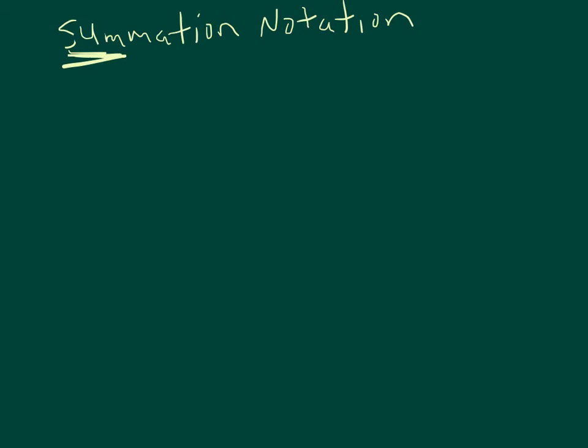The definition on your guided notes says the sum of the first n terms of a sequence is represented by the summation notation. You have this sigma, looks like an E, a funky E. It's a Greek letter. Sigma, and I'm not very good at drawing it, but it is what it is.